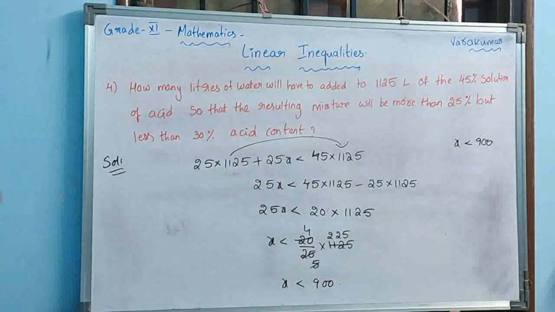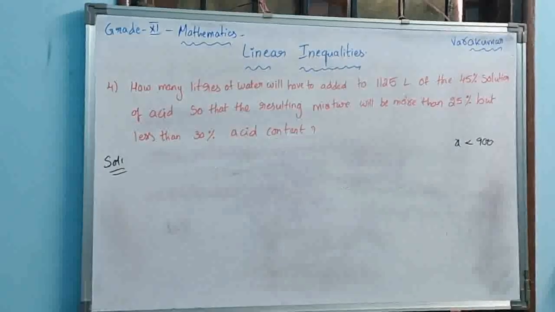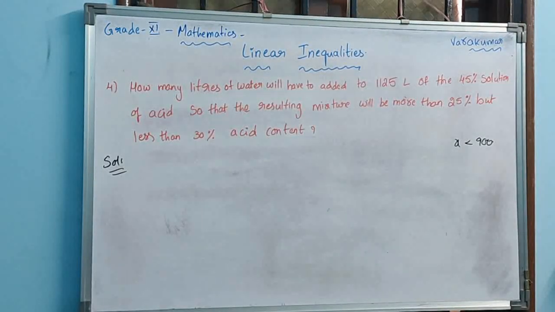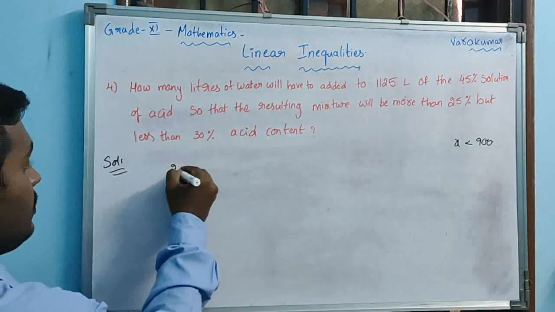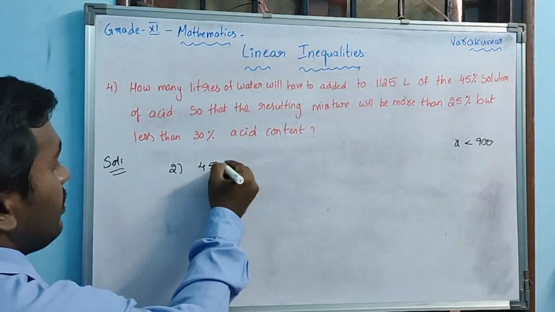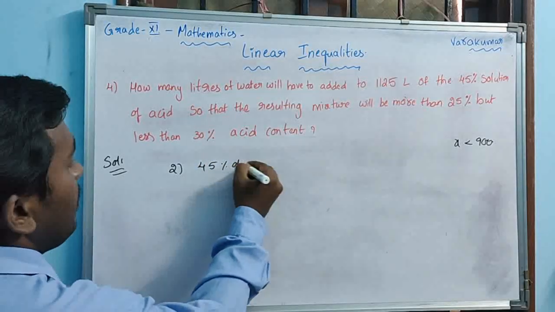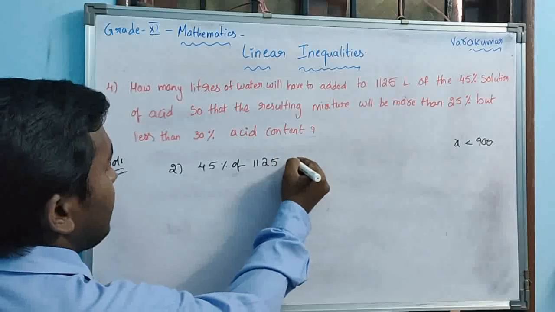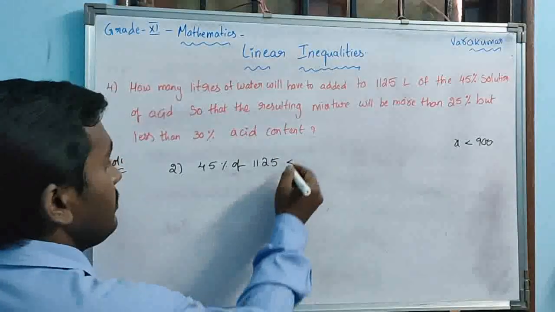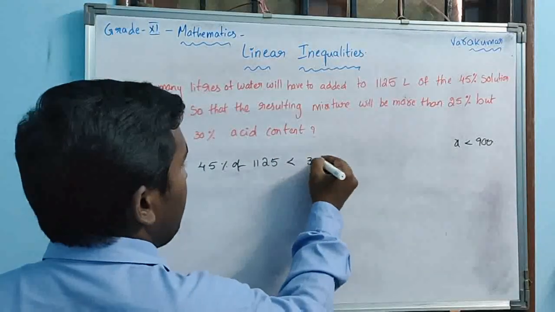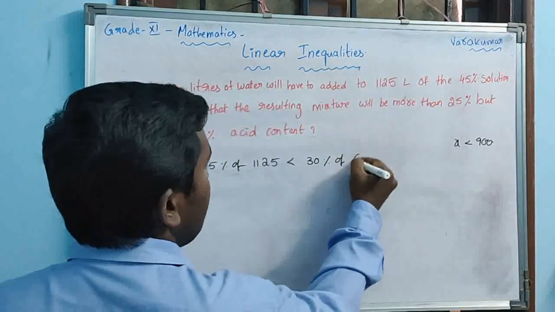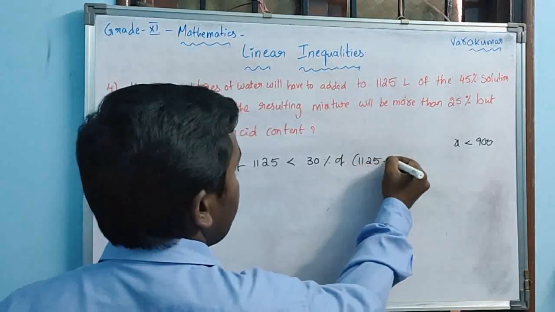Let us simplify the second one also. What is the second one? 45% of 1125 liters less than 30% of (1125 plus x).